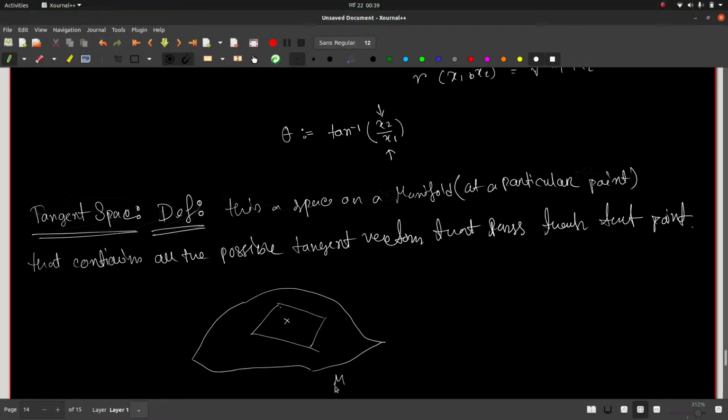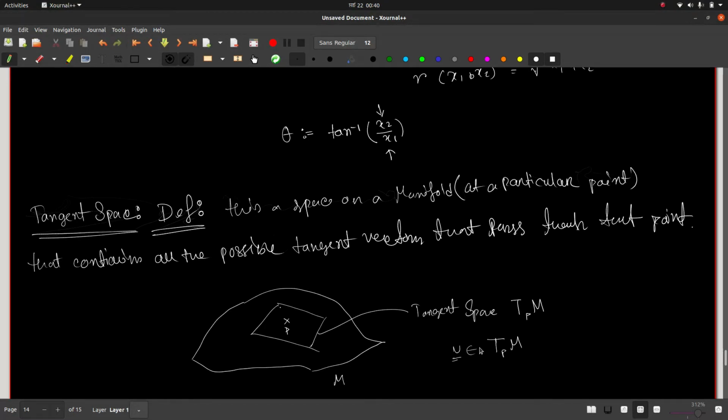And if this is our manifold, which is denoted with capital M, then the tangent space would be denoted as TP of M. The P is the point, and this tells you that if you have an element, let's say V, that belongs to TP of M, that means this V or this tangent vector belongs to the tangent space of a point P, and this point itself is residing in the manifold.